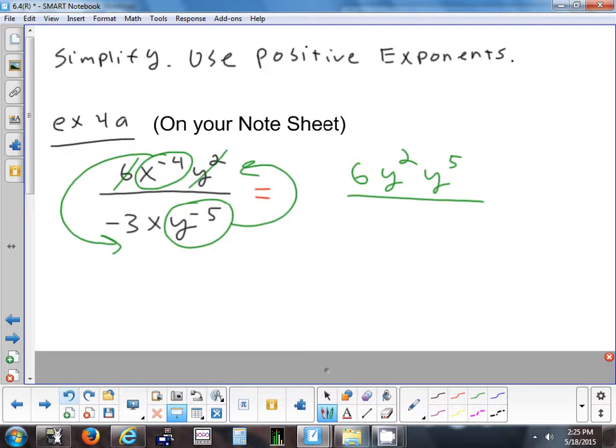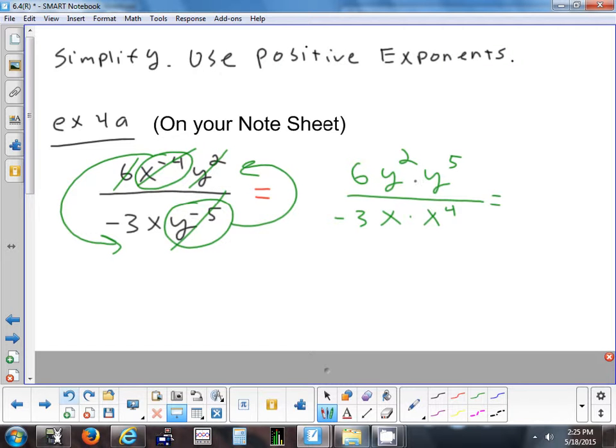Let's look at what's in the bottom. Negative 3. x still in the bottom. Anything else that's going to come down in the bottom? Positive 4, x to the fourth.